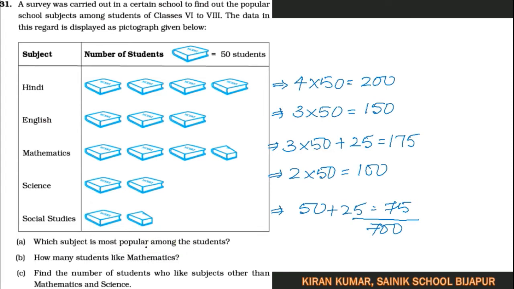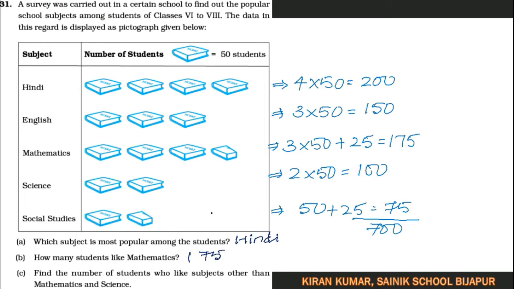Which subject is the most popular among the students? Here the more number of books are there in Hindi, so Hindi is the most popular subject. How many students like mathematics? Here 175 students like mathematics. Find the number of students who like the subjects other than maths and science.